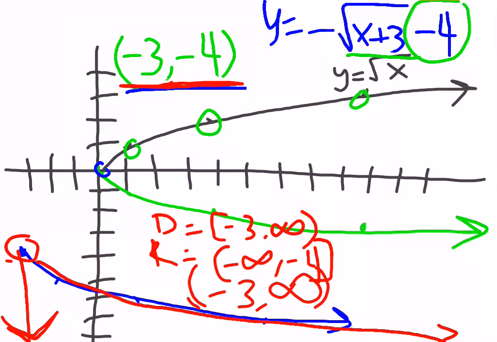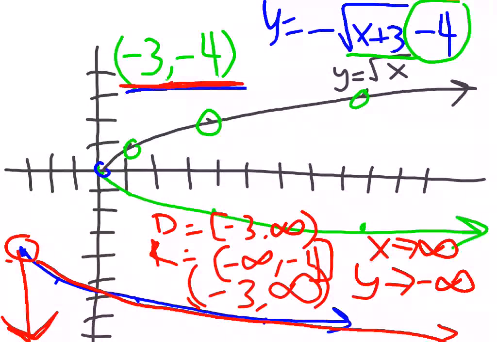So your answer for that is going to be as x approaches infinity, as we keep going to the right, y approaches negative infinity. Because we just keep on getting lower and lower and lower on the graph. It goes down this way, which is negative infinity. And so we finished analyzing this graph, and now we can move on to maybe some more.